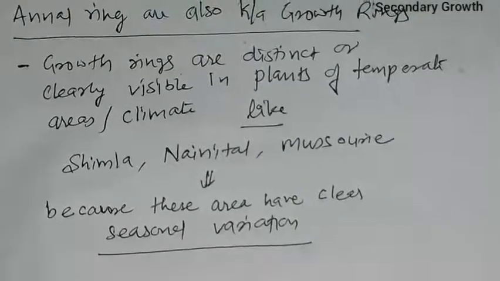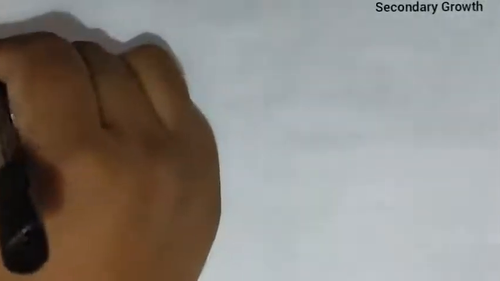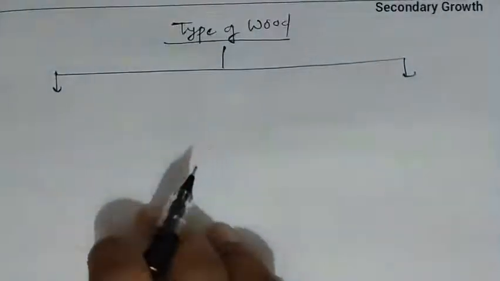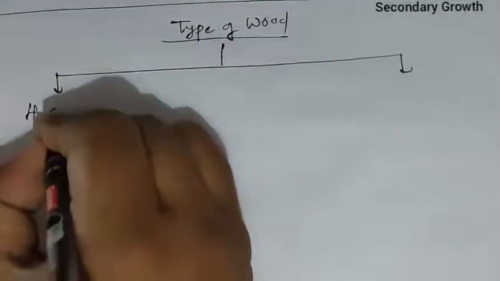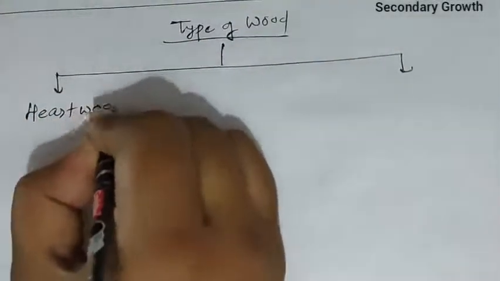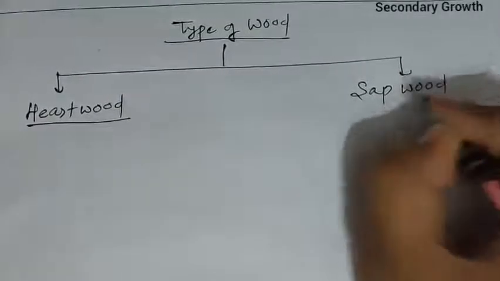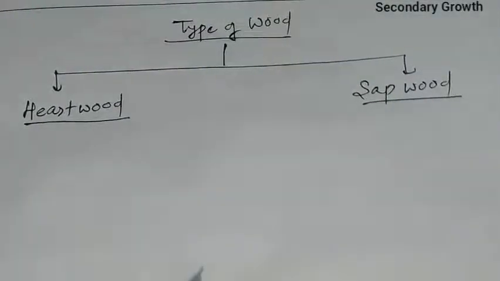Now next we start with heartwood and sapwood. Next we talk about a type of wood, that is heartwood and sapwood.